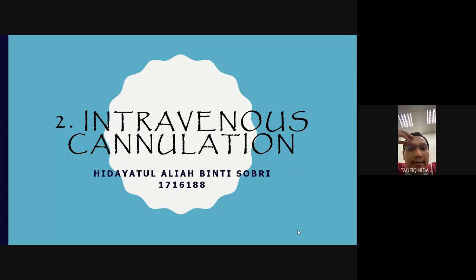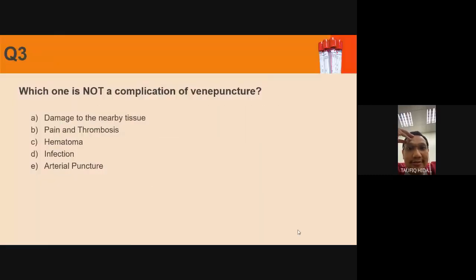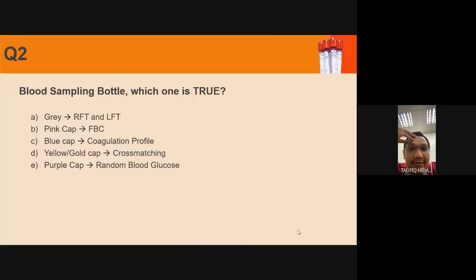Okay. Back to the question earlier, question 2. This is correct. So for A, what do we use? RFT, LFT. Okay, sorry. RFT and LFT use yellow, doctor. Yellow or gold cap. FBC, what?